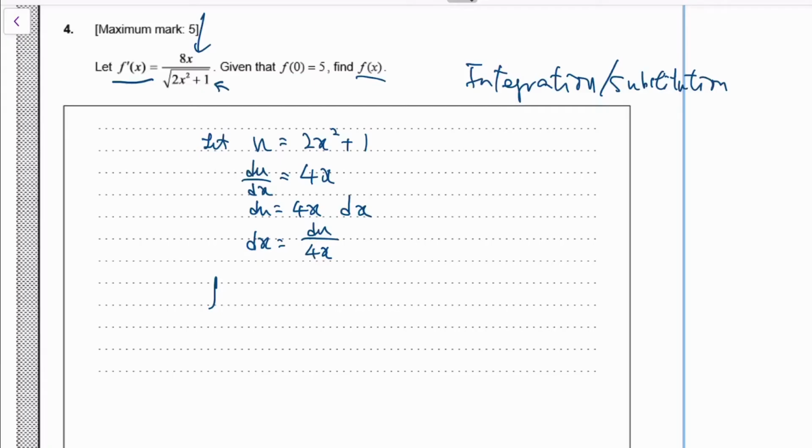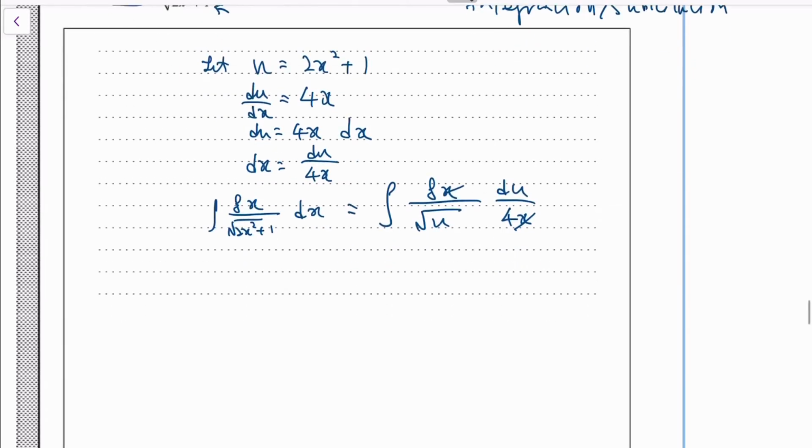Therefore, the integral of 8x over square root of 2x squared plus 1 equals the integral of 8x over square root of u, du over 4x. In case you don't know why we do it, it's obviously because x would cancel out. 8 and 4 cancel to be a 2, so it's 2 integrate 1 over root u, that is u to the power of negative half.